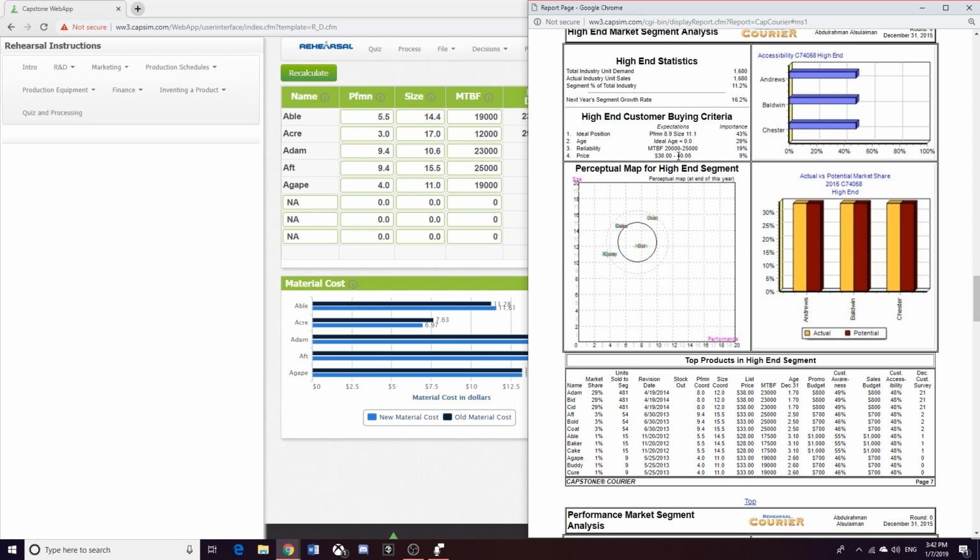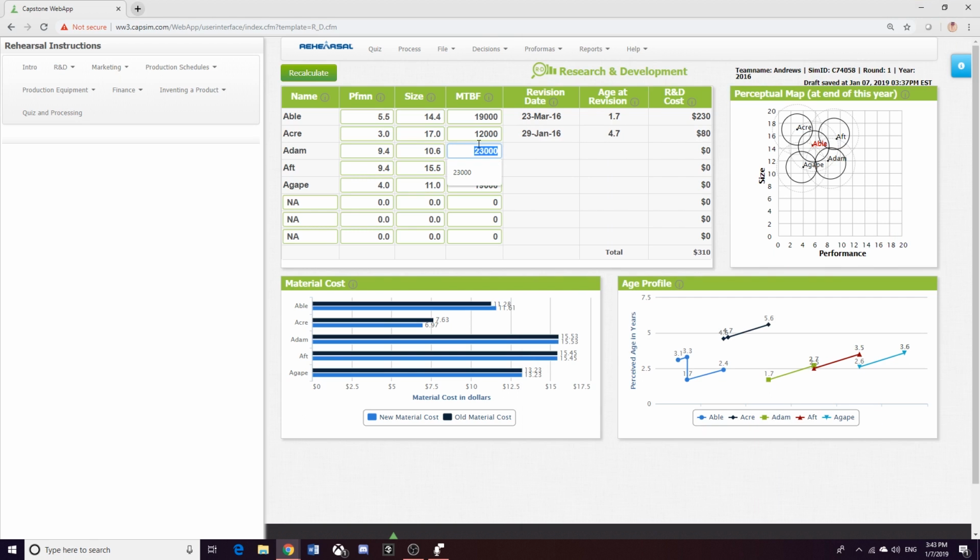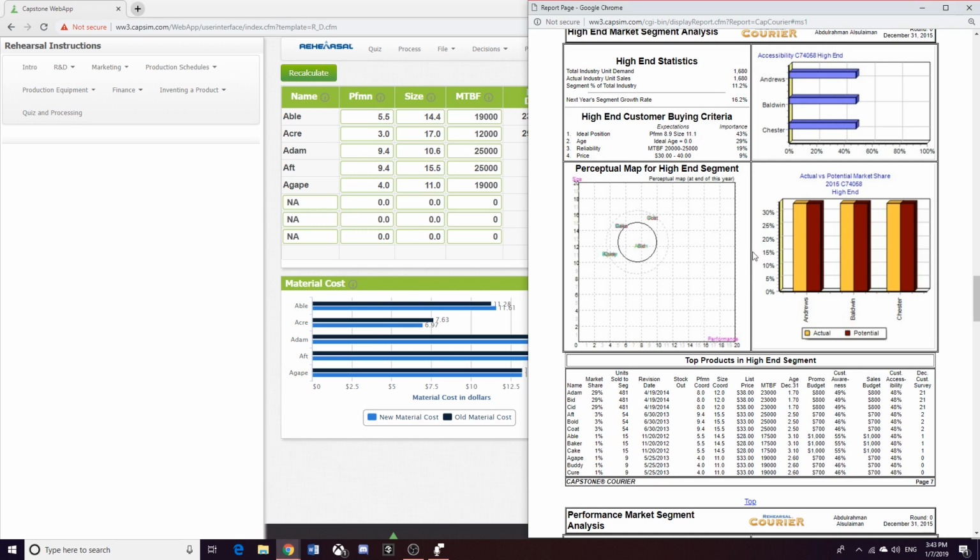So we can price it very high and customers will still buy our product. So let's just make our MTBF high to get 19%, because reliability is more important than price. So let's go and make it 25,000. And remember, we are making it the highest right now because we don't know what our competitors are going to be doing.